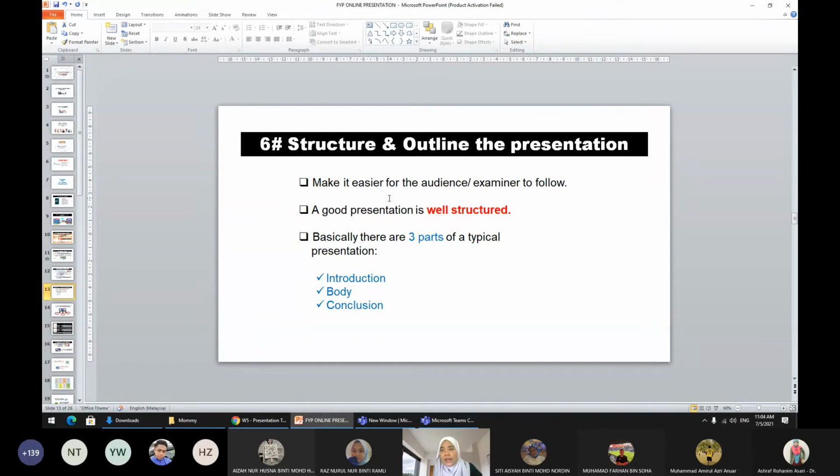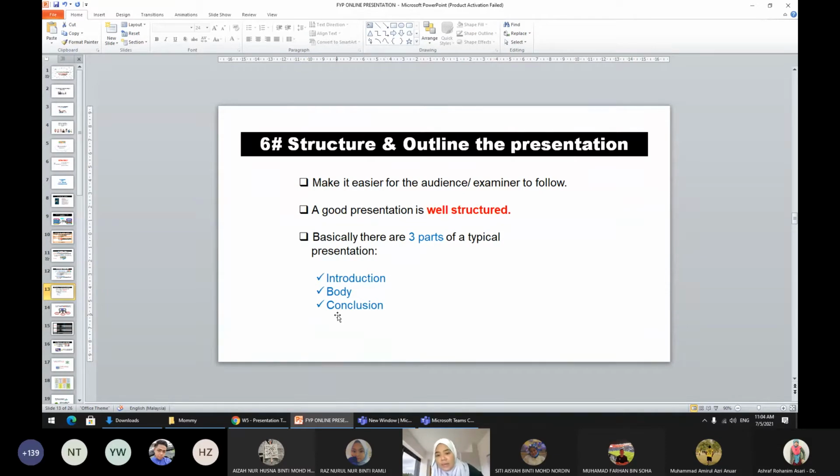For the body, you can have your findings, the data analysis of findings: finding number 1, number 2, number 3, number 4, and so on. When you want to do your demonstration, it's also under the body. Perhaps you explain all the findings first, and then at the end you demonstrate what you have prepared.